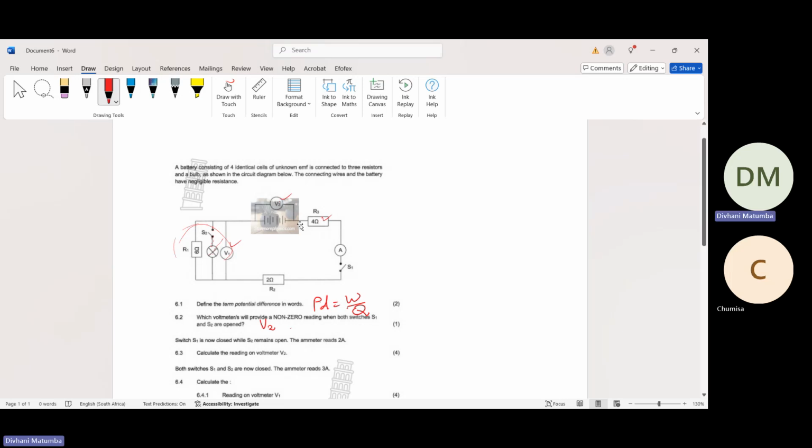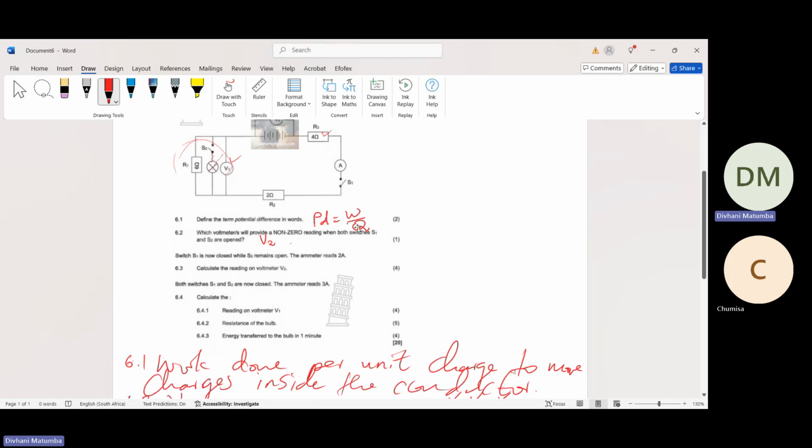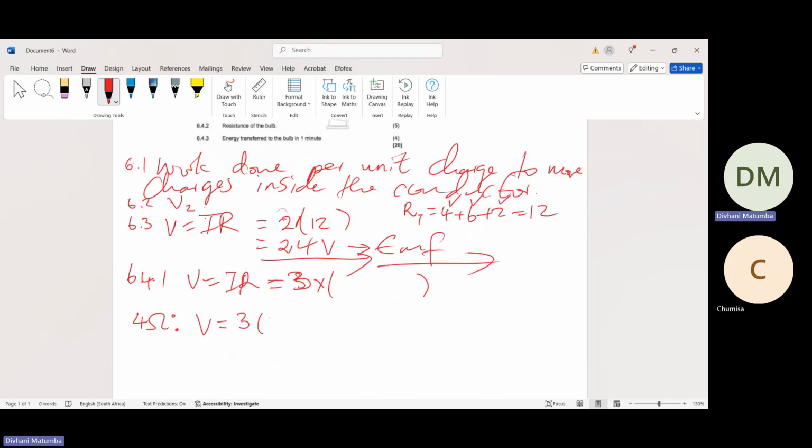But do you agree that the current of 3A is actually flowing through the 4 ohm resistor? Yes, sir. So if it's flowing through the 4 ohm resistor, the amount of voltage that is going to be used will be 3 times 4. So we're going to get 12 volts.